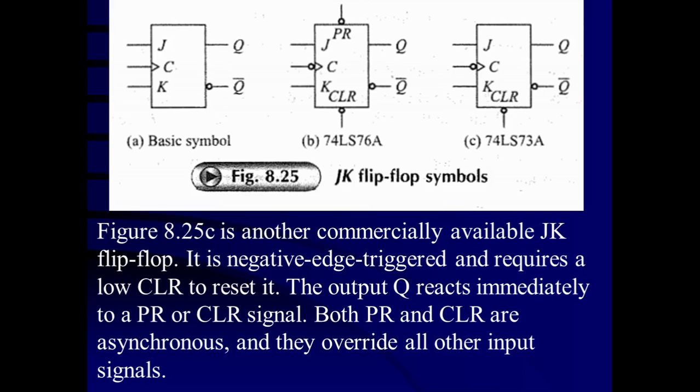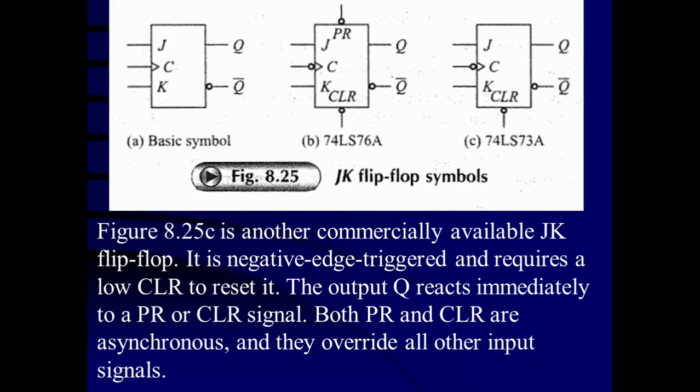So whichever input is made low, the flip-flop responds accordingly. If the preset input goes low, then the flip-flop is preset, that means Q takes the value of 1. And when the clear input goes low, then the flip-flop is cleared or reset, and Q is 0 and Q bar is 1.